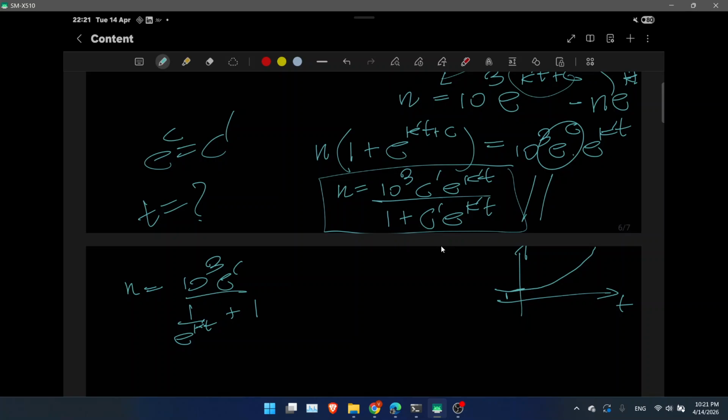Or maybe divide the numerator and denominator by the whole c' e to the k't. If we do that, what we are left with in the numerator is 1 over c' e to the k't plus 1.